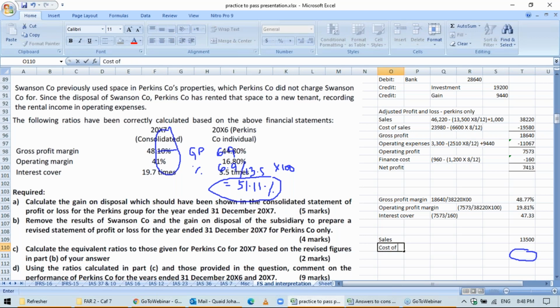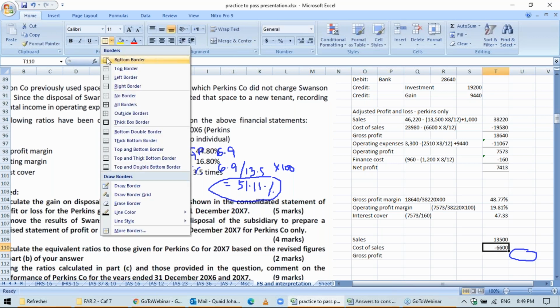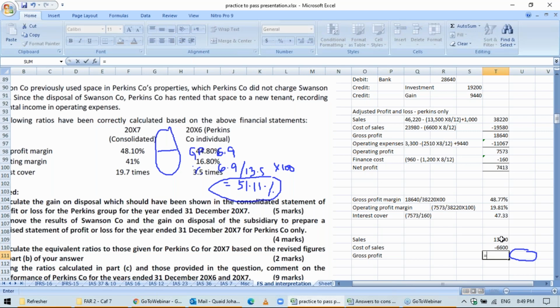Its cost of sales was, its gross profit was, its operating expenses were 2,510, and the operating profits were 2.